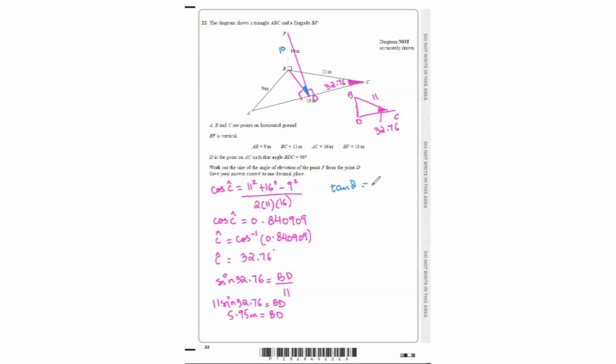Tan theta equals opposite, which is 10, divided by the adjacent, which is 5.95. So theta is going to be tan inverse of 10 divided by 5.95. And that's going to give us 59.2 degrees. That is the angle correct to one decimal place.